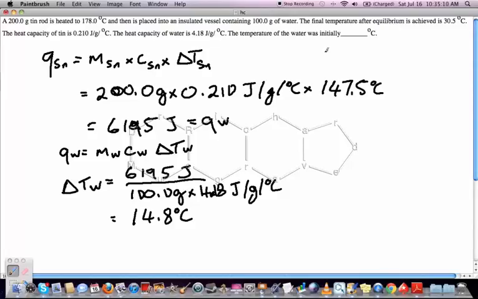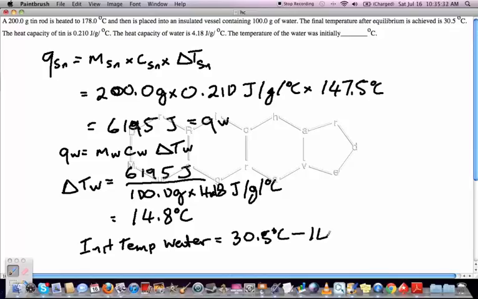Naturally, it must have been that the water went up in temperature, which means the initial temperature of the water would have been 30.5 degrees Celsius minus 14.8, the change in temperature of the water as it went up in temperature. And that comes out to be 15.7 degrees Celsius.